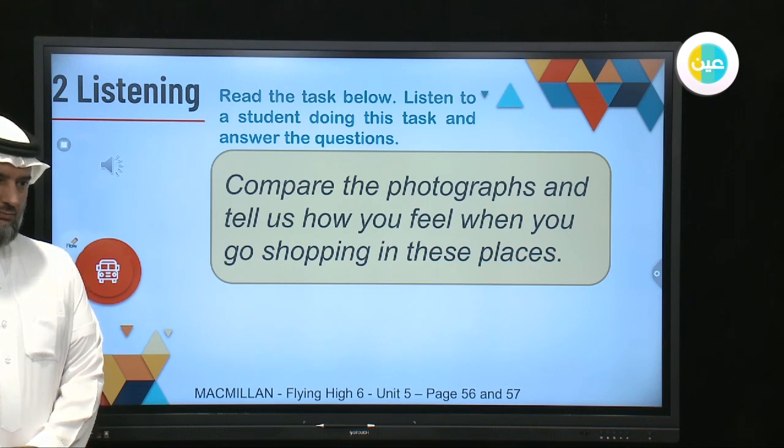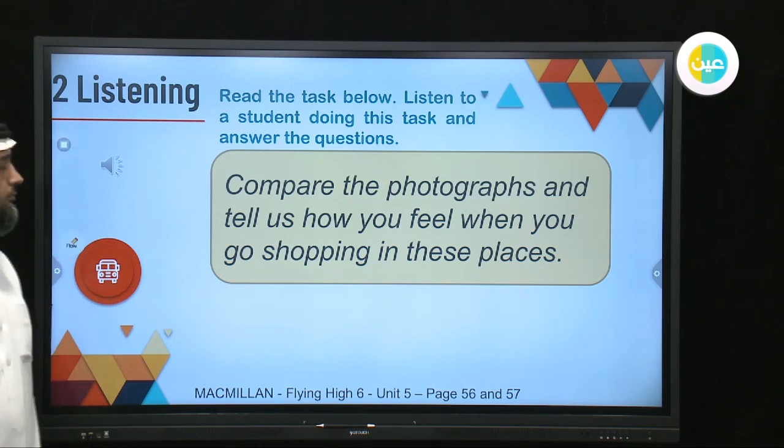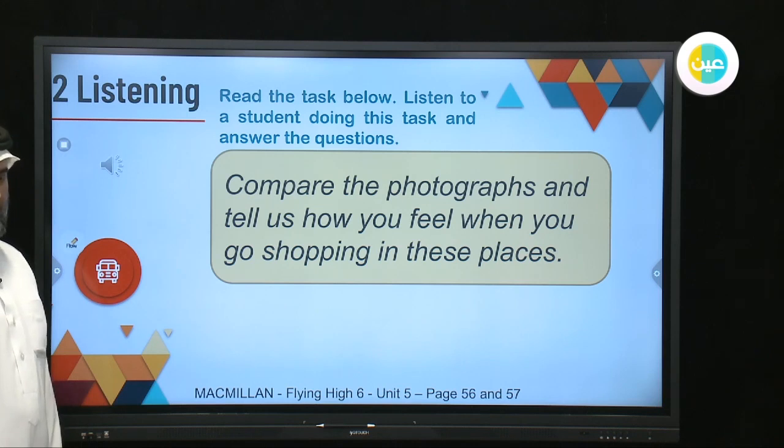One big difference between the photos is that the people in the supermarket are chatting and look happy to be shopping together, whereas the man in the market is alone and looks like he's thinking about something. In both pictures, there is a lot of fruit, but another important difference is that some of the food on the shelves in the supermarket is packaged already, while the fruit at the market is loose and fresh.